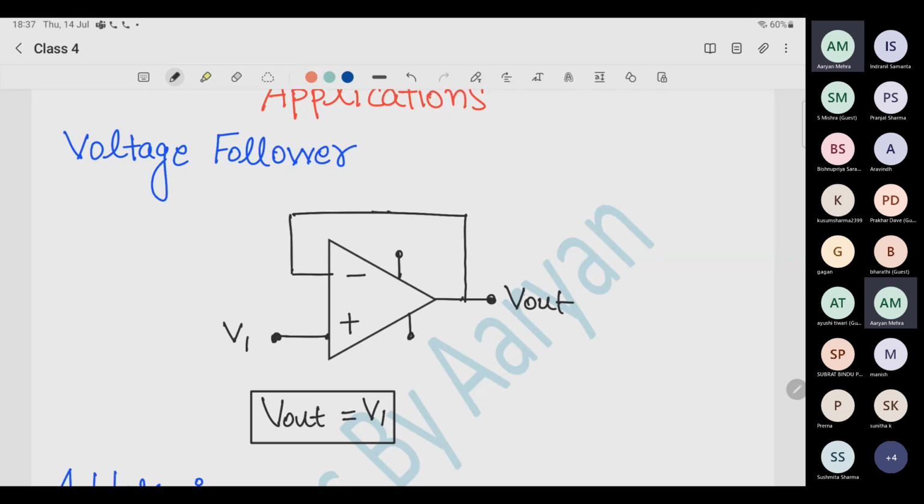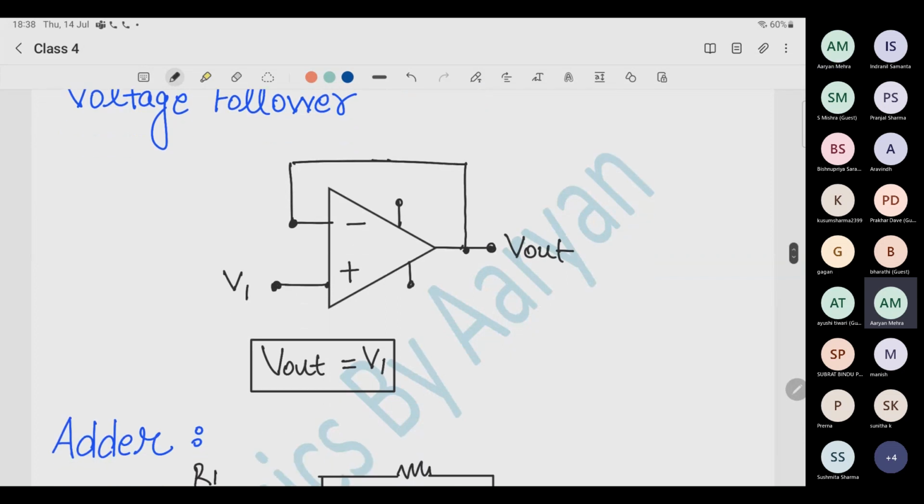If this point has a voltage V output, then what voltage will this point have? V output, because both points are just connected. So now if this is V output and this is V1, will they be equal using the concept of virtual ground? Yes. So that is why we get V output equals V1. So this is the voltage follower. Whatever the input voltage is, that is our output voltage.